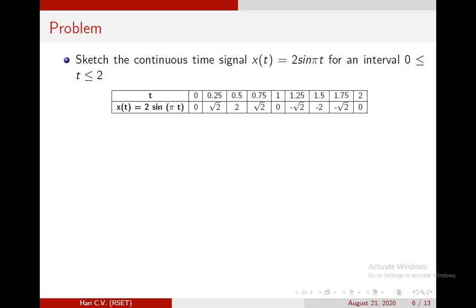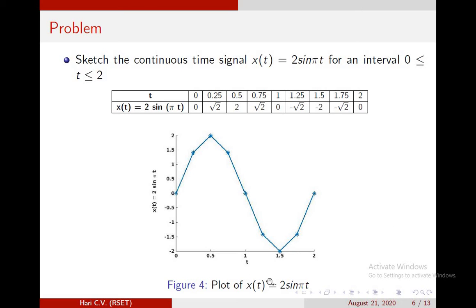The corresponding x of t values are 0, root 2, 2, root 2, 0, minus root 2, minus 2, minus root 2 and 0. So on the x-axis we will mark the value of t and on the y-axis we will mark the value of x of t, that is 2 sin pi t. So mark all the values like this and draw the graph.